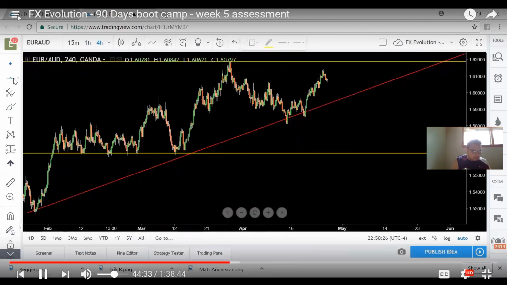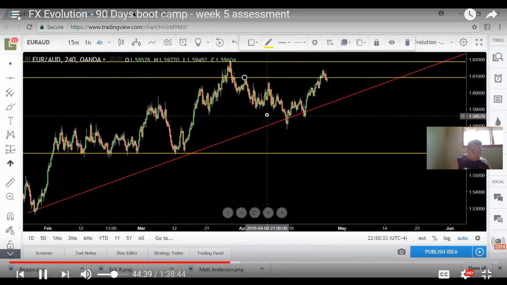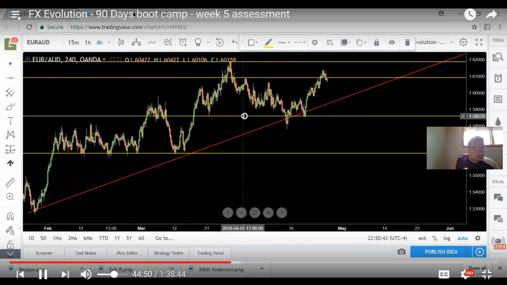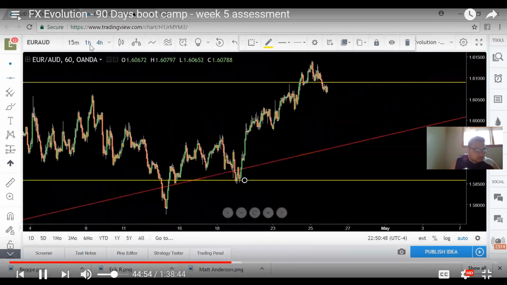Damn. And then draw one more below. All right, move to your 1 hour. Draw support and resistance on the 1 hour.